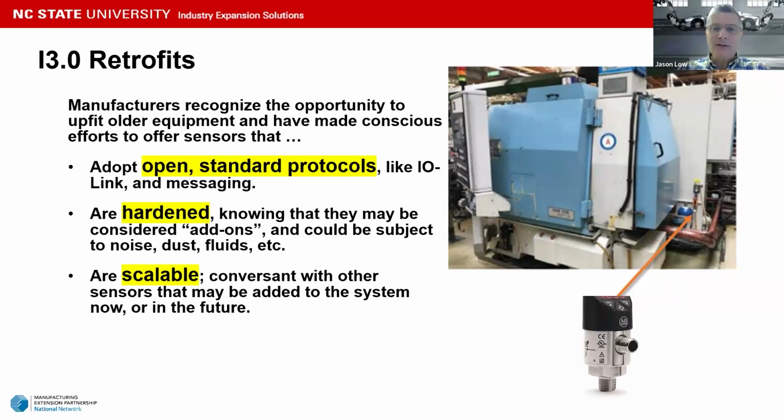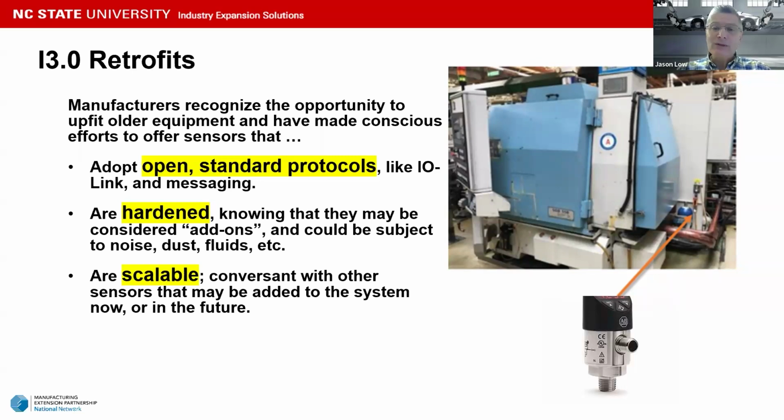What you see here is a machining center where there's a pressure sensor. So perhaps this is IO-Link. I'm not certain if this one actually is an IO-Link device, but it is one of those protocols that we can get information in and out of, not just to another control system, but also to a higher level system.